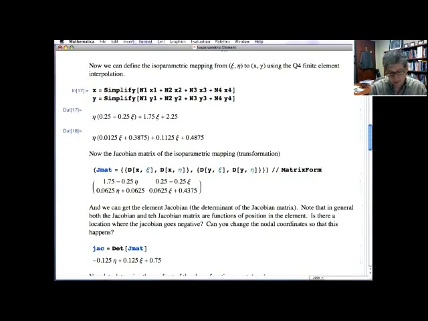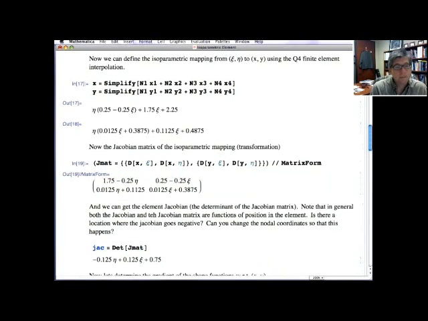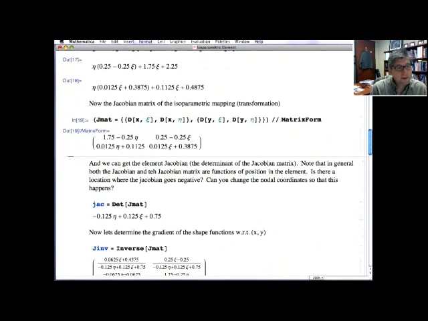We can also get the Jacobian matrix. And here you can see the Jacobian matrix is a function of position. It's a function of psi and eta. So depending upon where you are in the element, you'll get different values. You can also analytically get the determinant of the Jacobian.